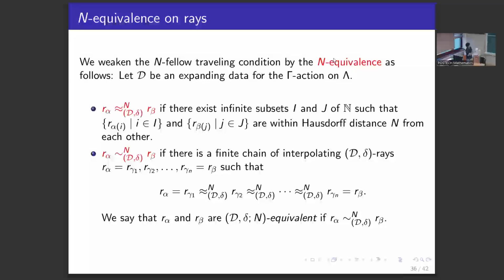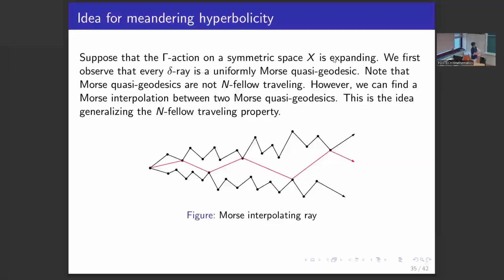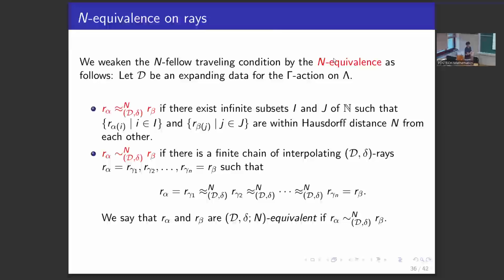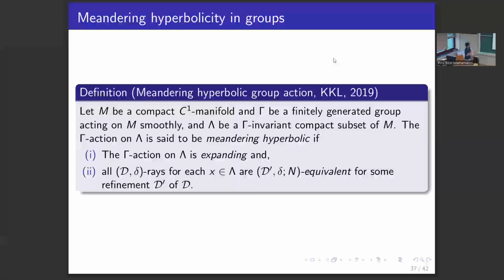So this is the definition. Anyway, we define the mindering hyperbolic group action, because this is a kind of mindering, right? We think that mindering is the best term explaining this action.